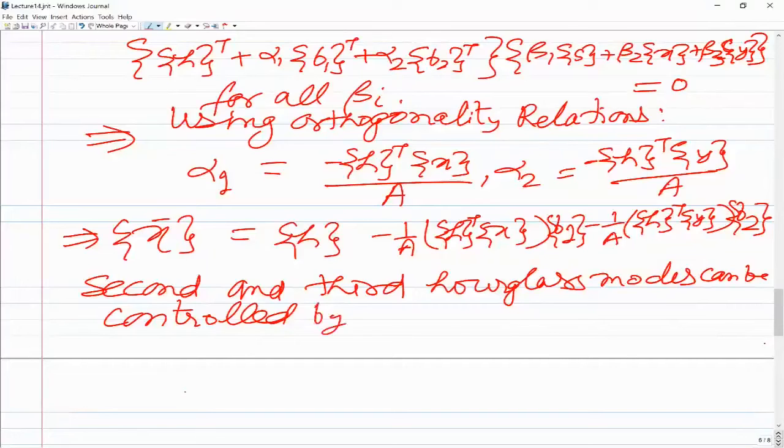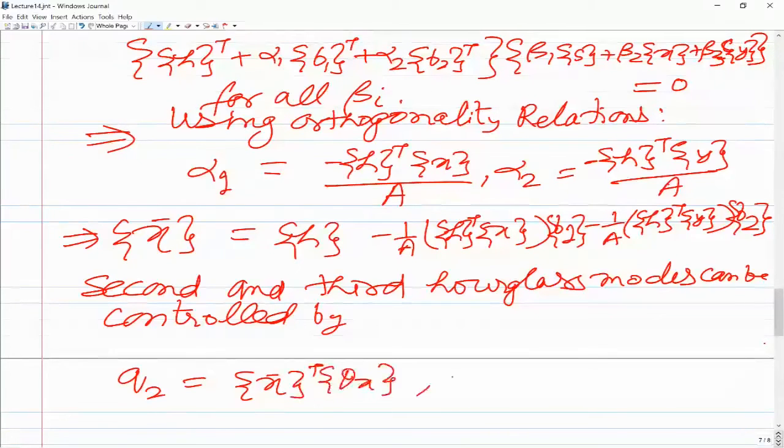So q2 and q3 we are going to take as gamma bar transpose into, let us say q2 is equal to gamma bar transpose into theta x, and q3, the third generalized displacement corresponding to the hourglass mode corresponding to theta y, would be gamma bar transpose into theta y.